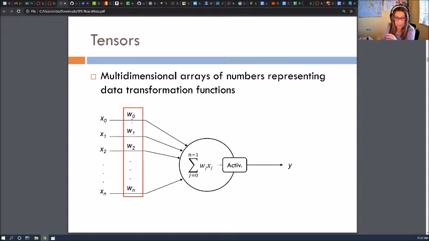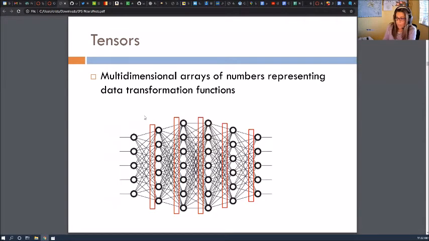So this function is also represented in an array, but it has the role of being a function, a transformer of the input data, and that's what the tensor is. And that was my understanding when I looked it up in the context of physics. So basically, there are arrays that represent functions. And then there are many of them.